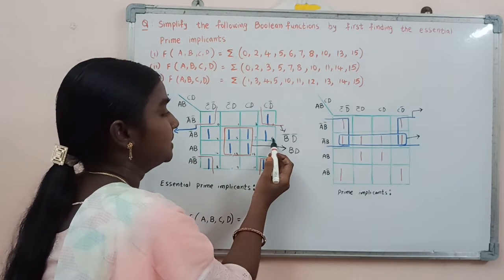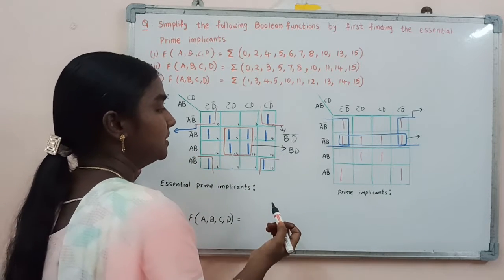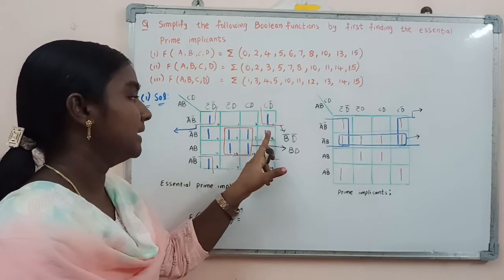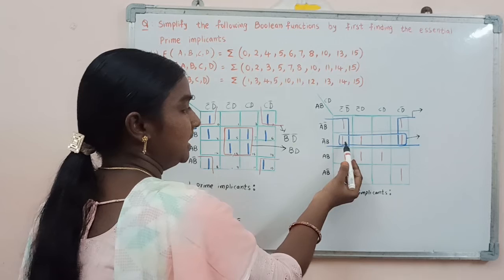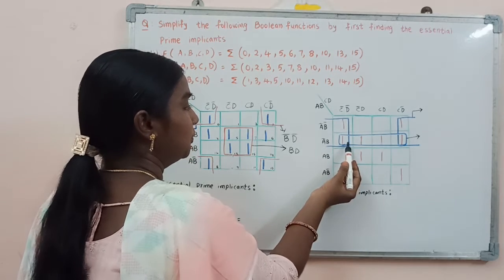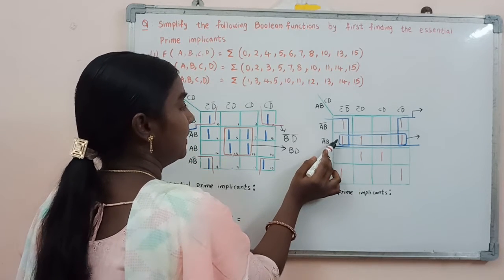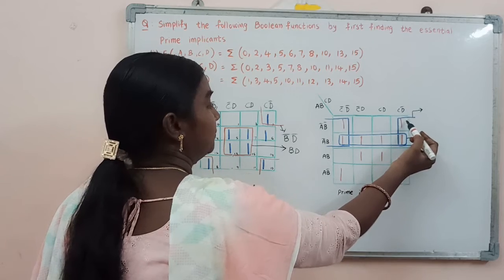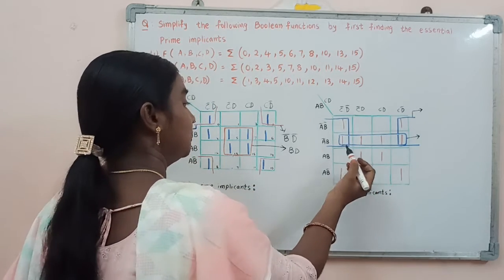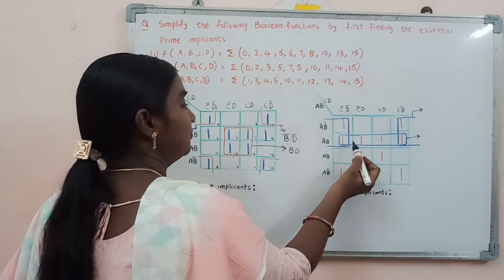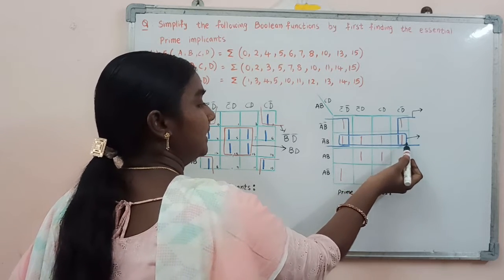and M6. Now, to cover this M4 and M6, we have two possibilities. We can make a group by considering M0, M4 and M2, M6. And we have another chance to make a group by considering M4, M5, M7 and M6.